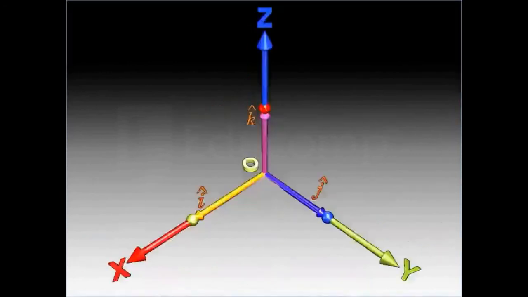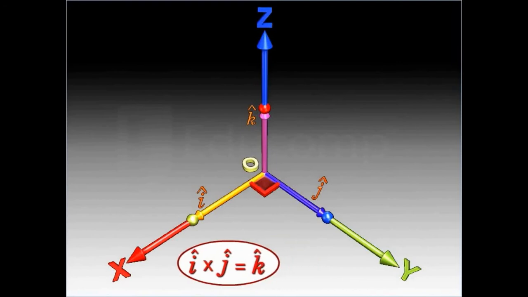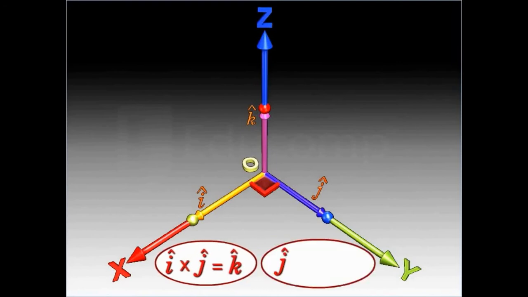Look at the three mutually perpendicular unit vectors i cap, j cap and k cap. Cross product of i cap and j cap is k cap. On the contrary, j cap cross i cap is minus k cap.